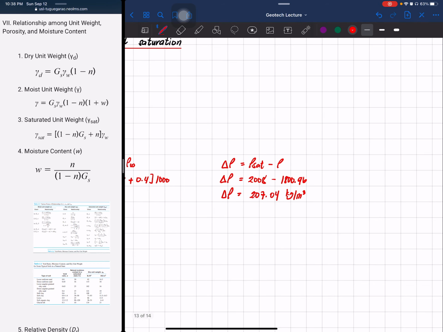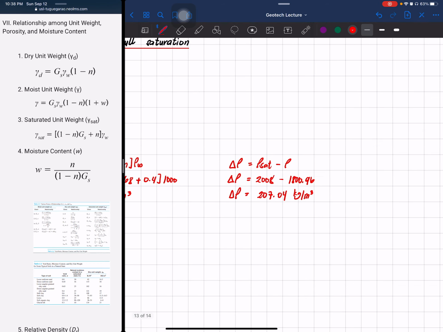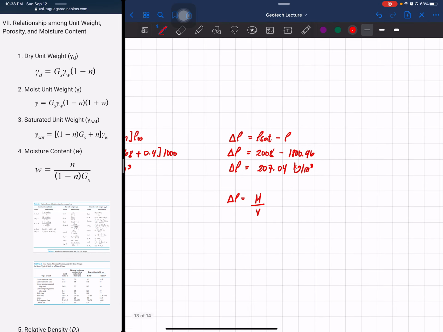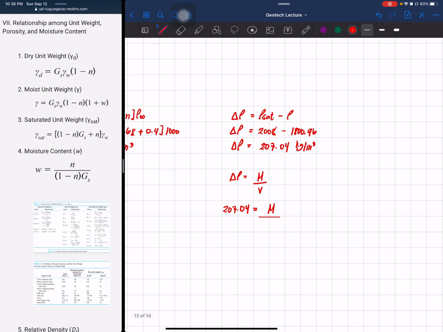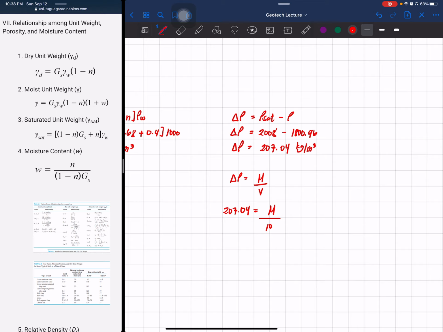Okay, so using this delta rho, we can now compute for the mass of the soil. Okay, so ayan siya. Okay, so sulat ko dito 207.04, which is equal to the mass daw of water to be added all over what is the volume of the soil, that is 10 cubic meters. Okay, so I'm gonna put it here 10.